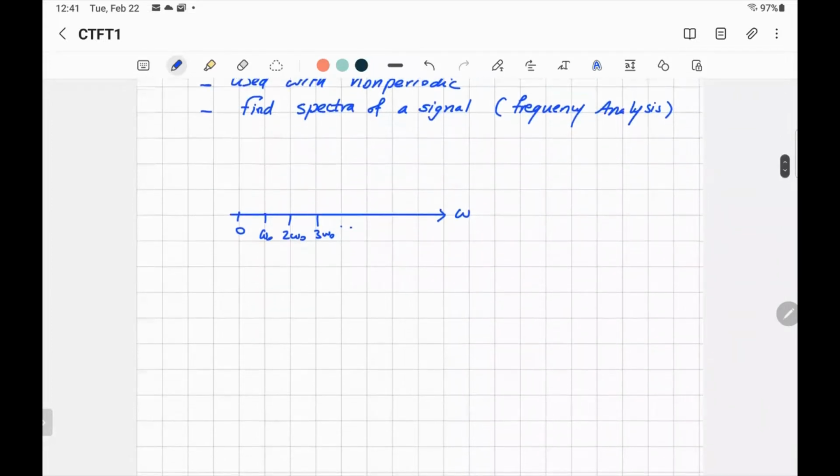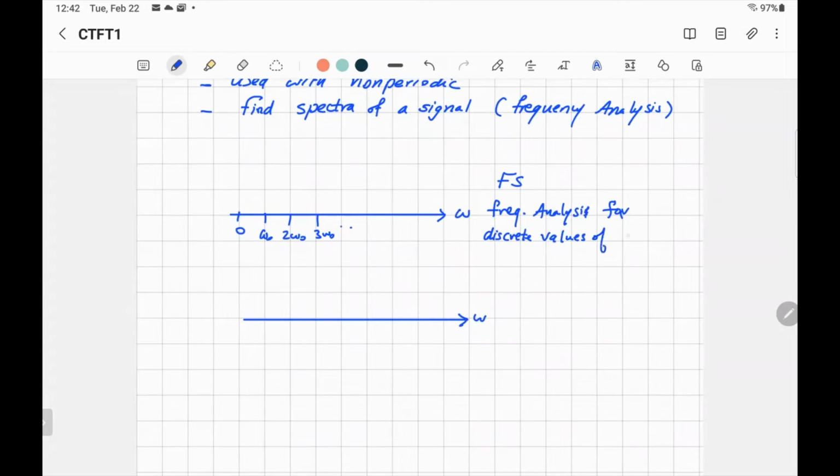But the Fourier transform is more general. You find the line spectra for every single value, any real value of omega. You can find omega naught, 0.1, 0.2, 0.3, 0.013. It's continuous. So in Fourier series, you get the frequency analysis for discrete values of frequency.